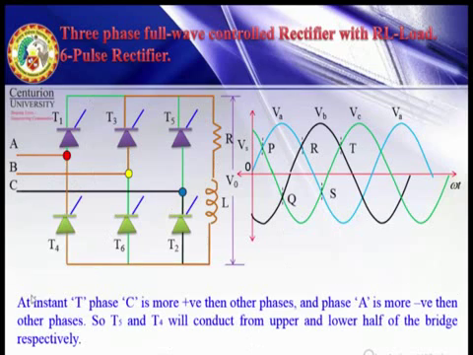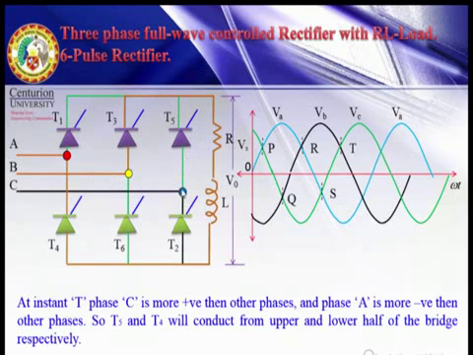Next, at instant T. Now tell me, which is more positive at instant T? Vc is more positive, which is more negative? Va is more negative. So from upper half which will conduct, which is connected to C from upper half? T5.